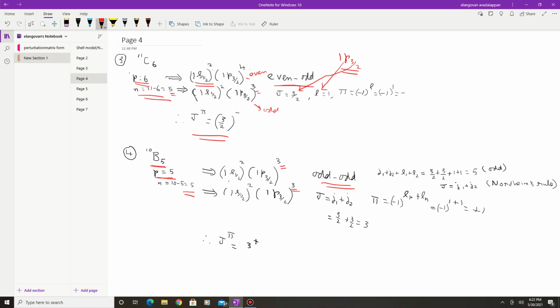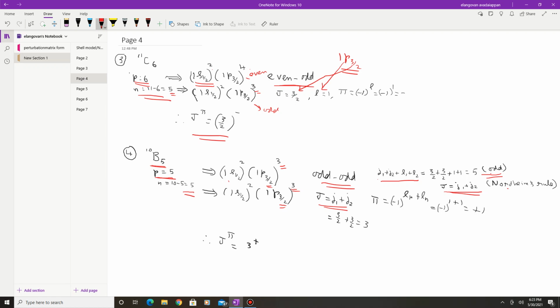For this you have to find J1 plus J2 plus L1 plus L2. J1 is equal to 3 by 2, J2 is equal to 3 by 2, and L1 is equal to 1, L2 is equal to 1. Therefore, if you add, you will get 5. So this is an odd number. If it is an odd number, according to the rule, J is equal to J1 plus J2, and parity is equal to minus 1 power L proton plus L neutron.